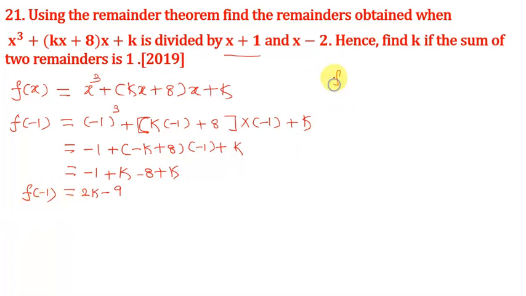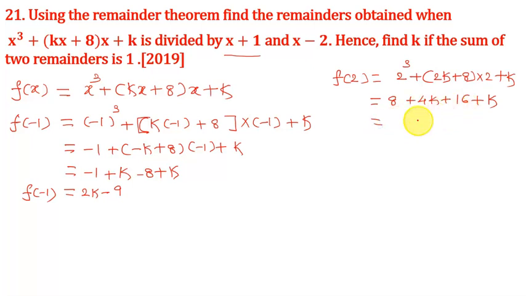Next, when it is divided by x minus 2, we will replace x by 2. First of all, 2 cube plus k into 2, that is 2k plus 8, bracket complete, into 2 plus k. 2 cube is 8 here. 2 into 2k means 4k. 2 into 8 is 16 and plus k.